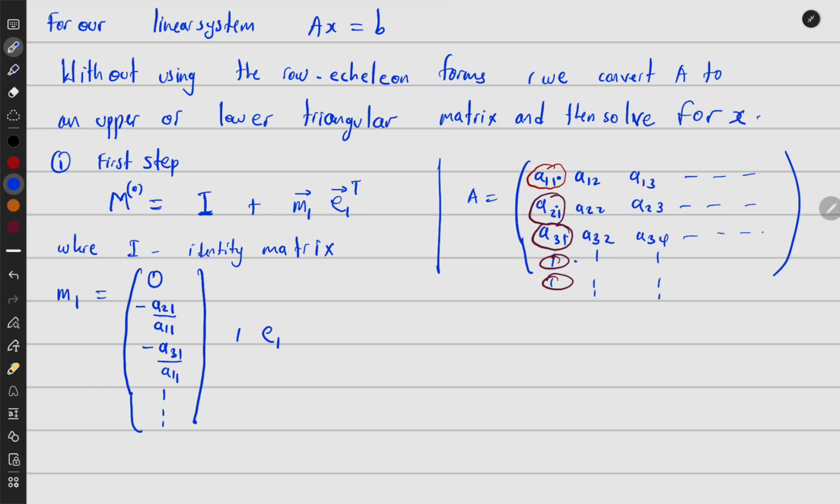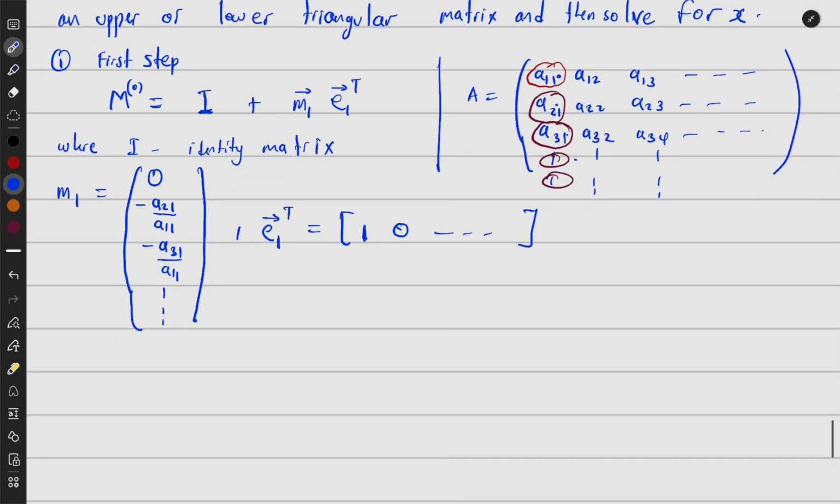Then my E1 transpose, now this one is in this form. We know that E1, since it is in the 1, meaning the 1 is there, then the rest are zeros onwards, like that. And I is that.